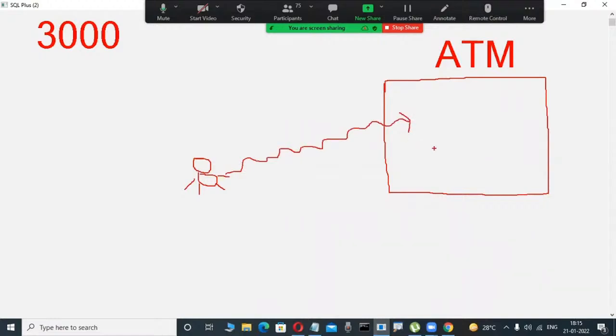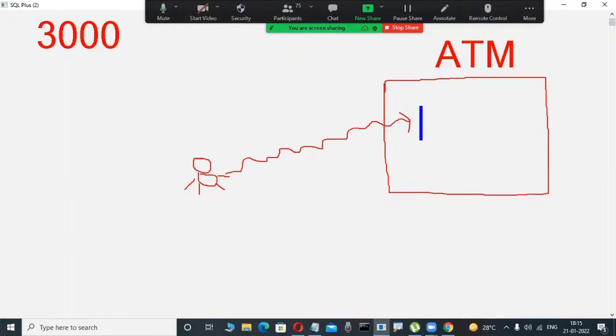For example, I'm inserting an ATM card. It will ask for a PIN number. I'm not checking the balance, for example. But my balance is 3000 rupees presently in my account. Now I decided to withdraw some amount.